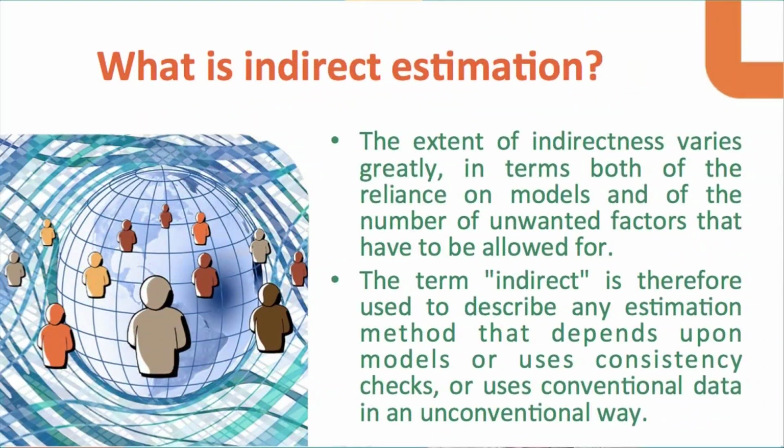The extent of indirectness varies greatly, both in terms of the reliance on models, as there are different models, and of the number of unwanted factors that have to be allowed for. So the term indirect is used to describe any estimation method that depends upon models, or uses consistency checks, or uses conventional data in an unconventional way.